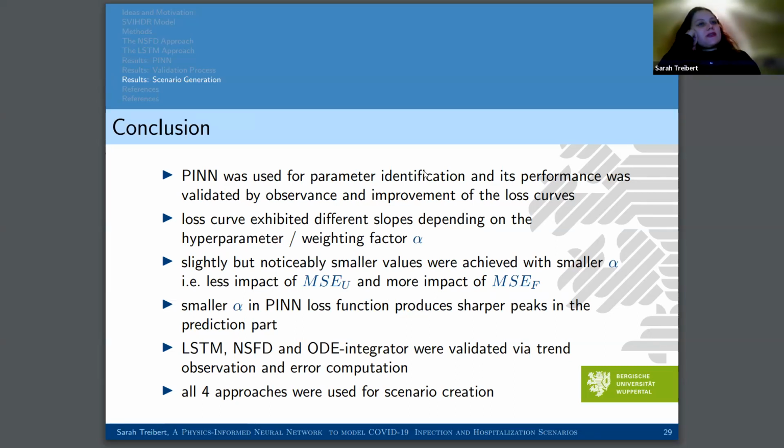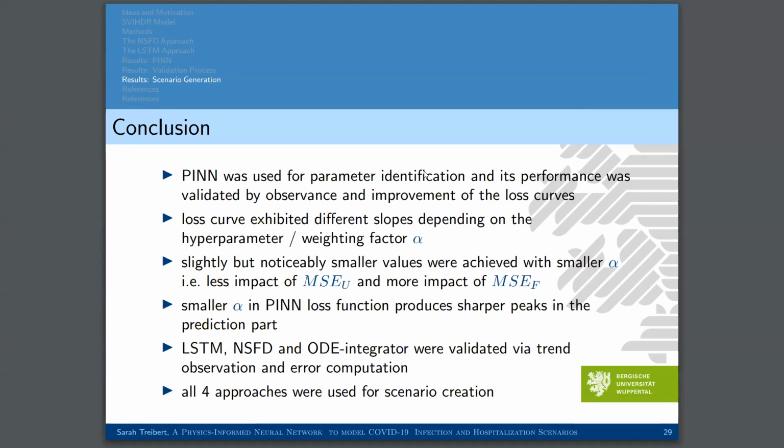So concluding, the PINN was used for parameter identification and its performance was validated by observance and improvement of loss curves, and loss curves exhibited different slopes depending on the weighting factor, which can of course be optimized as you asked.